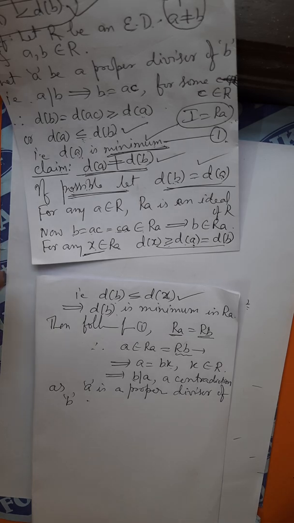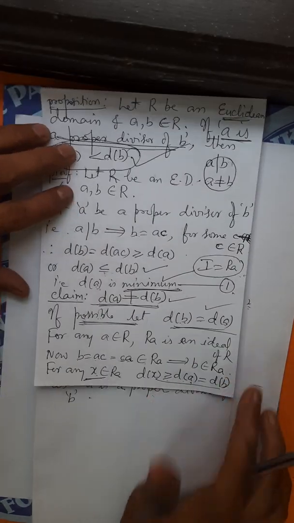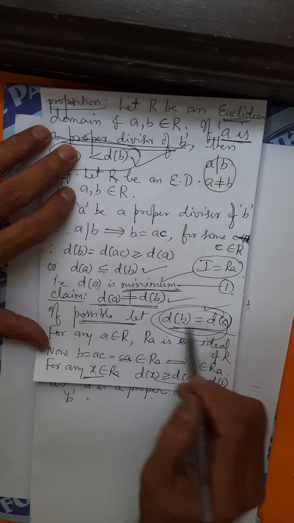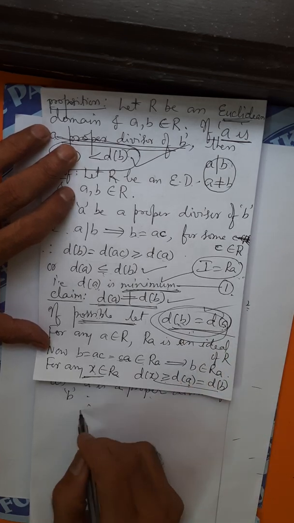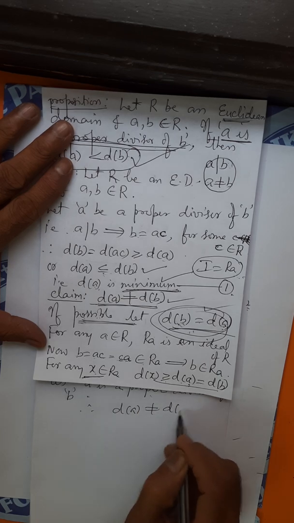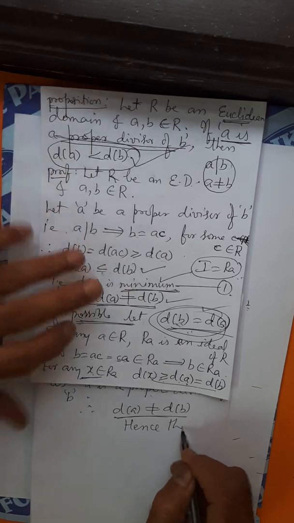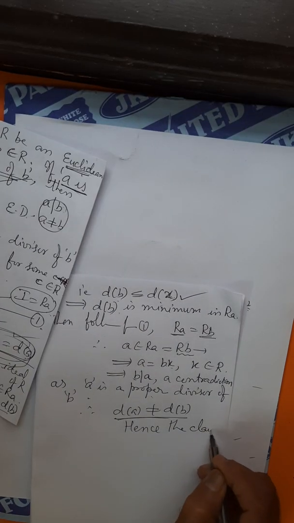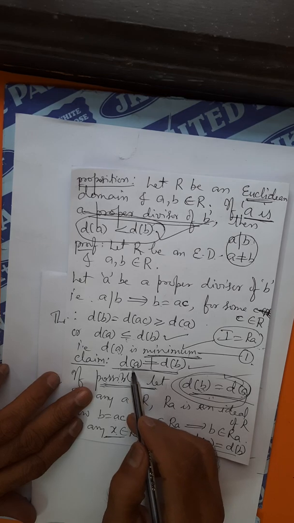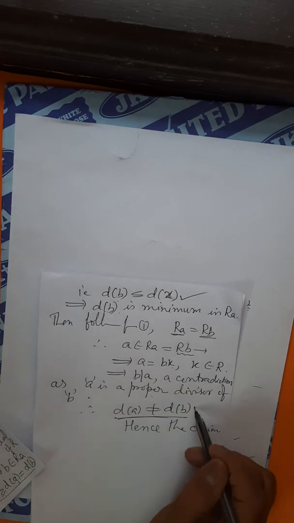Right? Why this contradiction? It is due to your wrong assumption that d of A equals d of B, or d of B equals d of A. Therefore, d of A and d of B cannot be equal. Claim is established. You can write "hence the claim". You said you want d of A not equal to d of B, and now you are proved it.